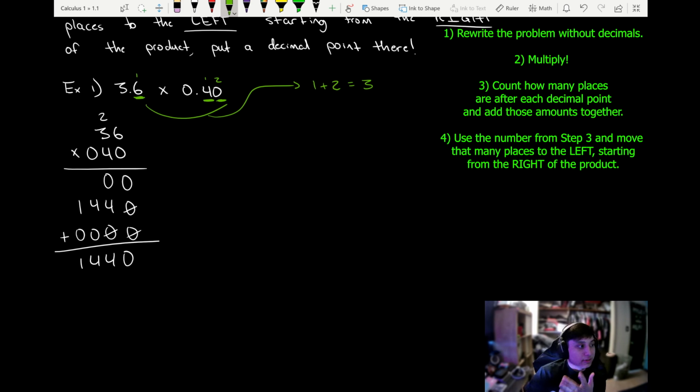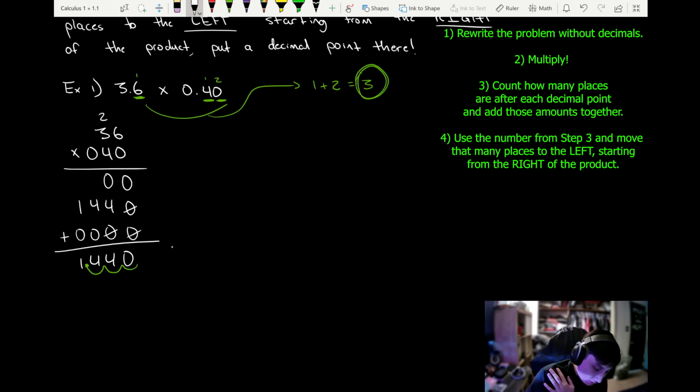So yeah, 1 plus 2 equals 3, right? So then step 4 says take that amount and move that many places to the left, starting from the right of the product, okay? So starting from the right, we're going to move 3 places to the left. So 1, 2, 3. And then we just put a decimal point wherever we land, right?